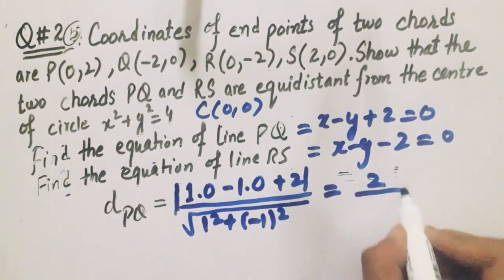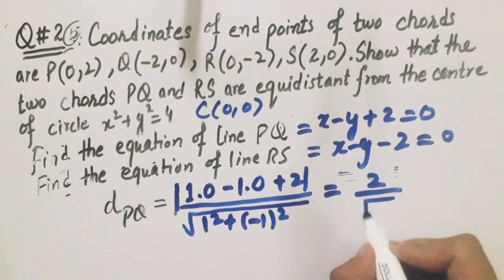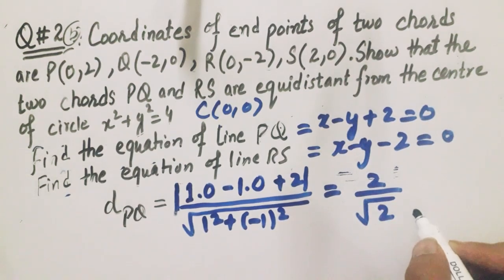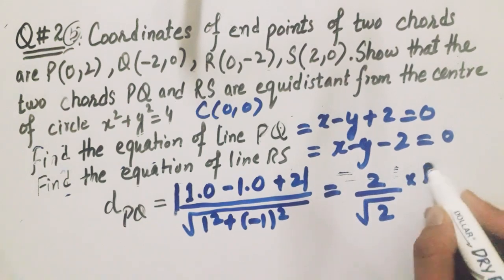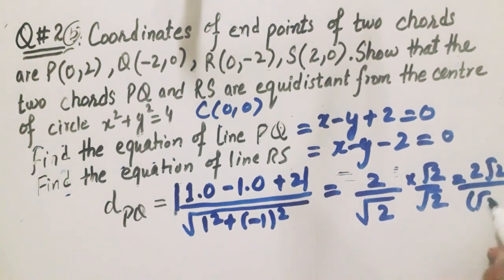So 2 divided by square root of 1 plus 1, square root 2, and by rationalizing this we will get 2 square root 2 by 2. So distance of PQ will be equal to square root 2.